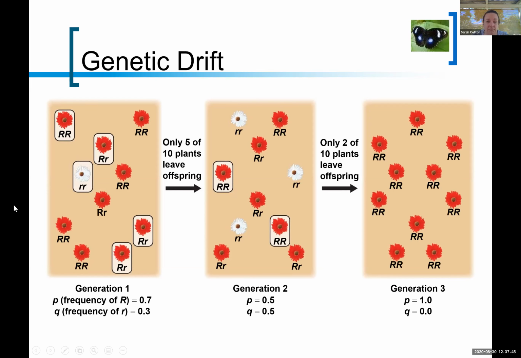So then the next generation, you might end up with a different frequency of alleles based on who survived. If it was only the ones that got circled that survived, the overall makeup of the gene pool is going to be a little bit different.